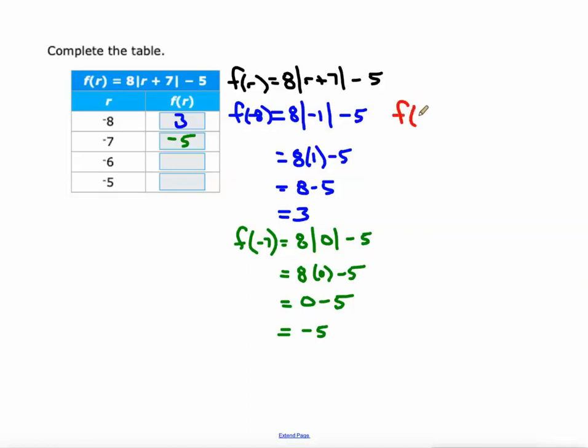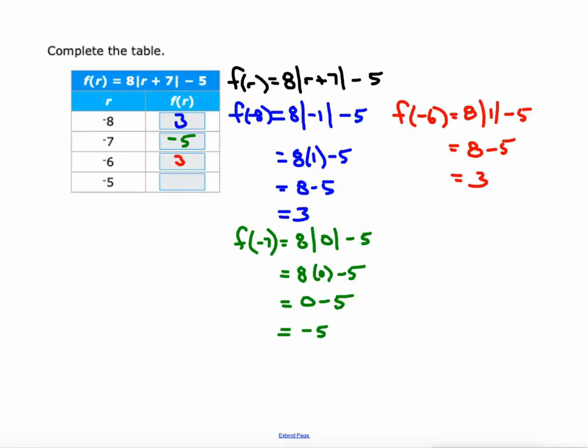F of negative 6. All right, that's going to be 8 times the absolute value of negative 6 plus 7, which is 1, minus the 5. 8 times the absolute value of 1, or 8 times 1, is 8. And 8 minus 5 is 3. Whoa, it went back up to 3 again.